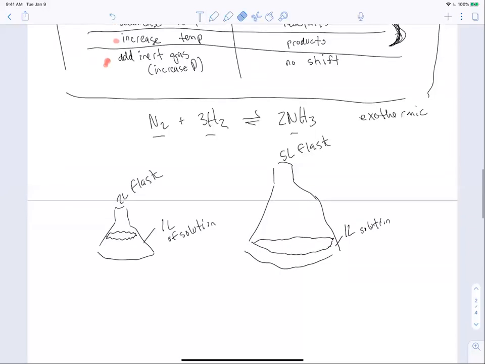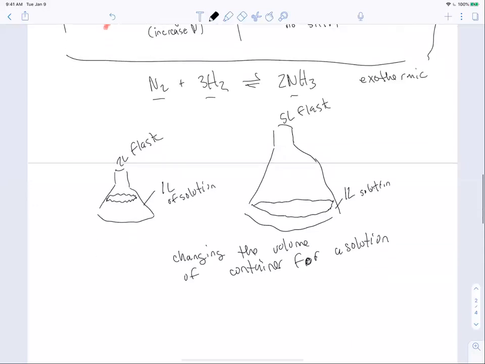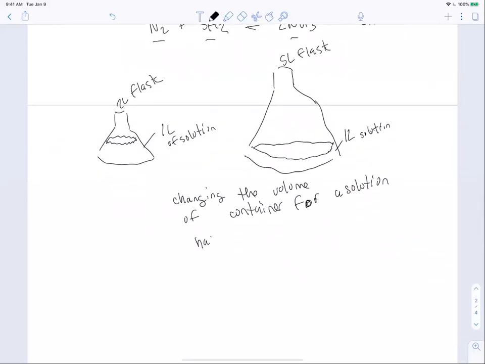So changing the volume of the container here doesn't do anything. That doesn't actually have any effect, there's no effect on equilibrium.